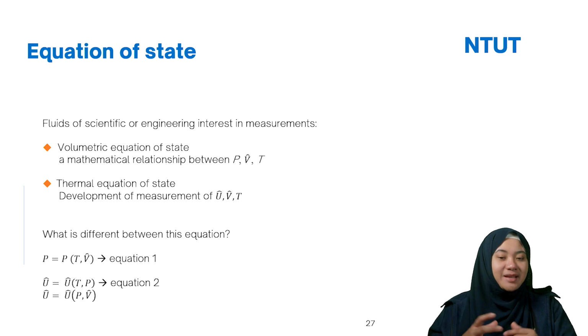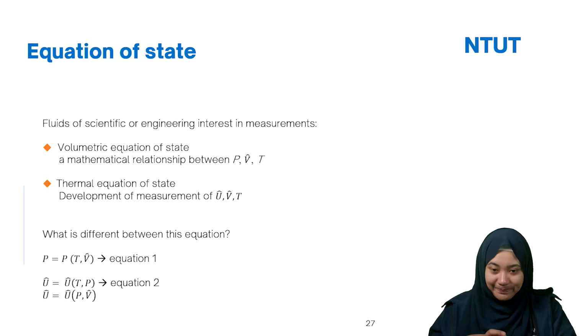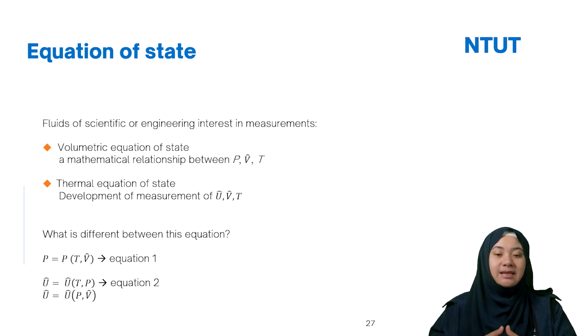It's hard to measure. We can calculate the U, but we cannot measure it. We don't have specific equipment to measure the internal energy. So it's mostly easy to measure P, V, and T, pressure, volume, and temperature, with the volumetric equation of states.